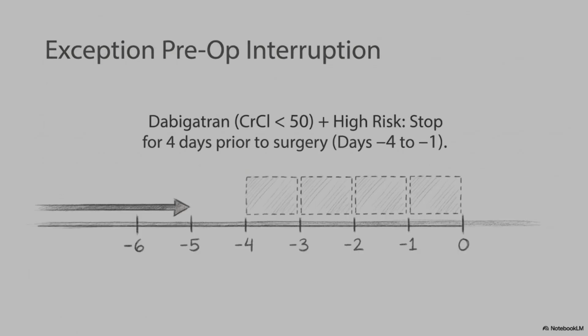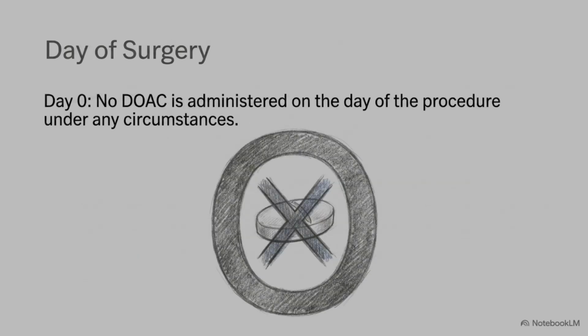For high-risk procedures, you go even further, 4 days before the procedure. All these patients who undergo procedures on DOACs, make sure that they do not take the DOAC on the day of the procedure, that is day 0. So this is something to keep in mind.